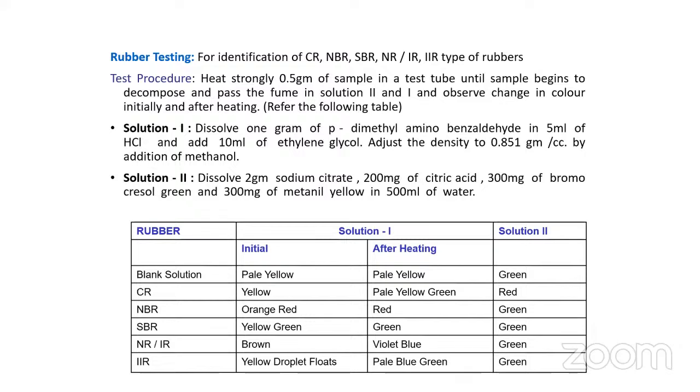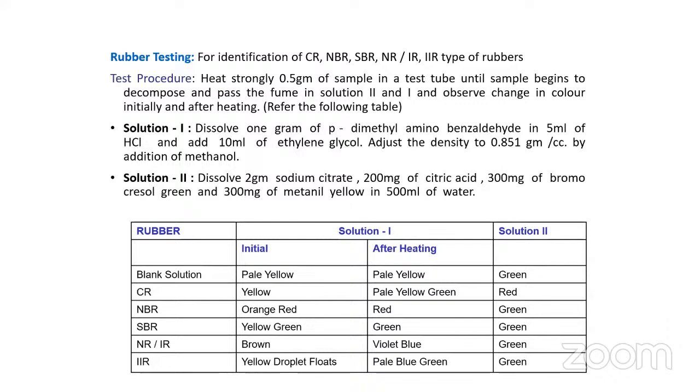Solution two, whatever is written, is the preparation of solution one. It is nothing but 2 gram of sodium citrate, 200 milligram of citric acid, then 300 milligram of bromocresol green, and then 300 mg of methyl yellow, dissolved in 500 ml of water.